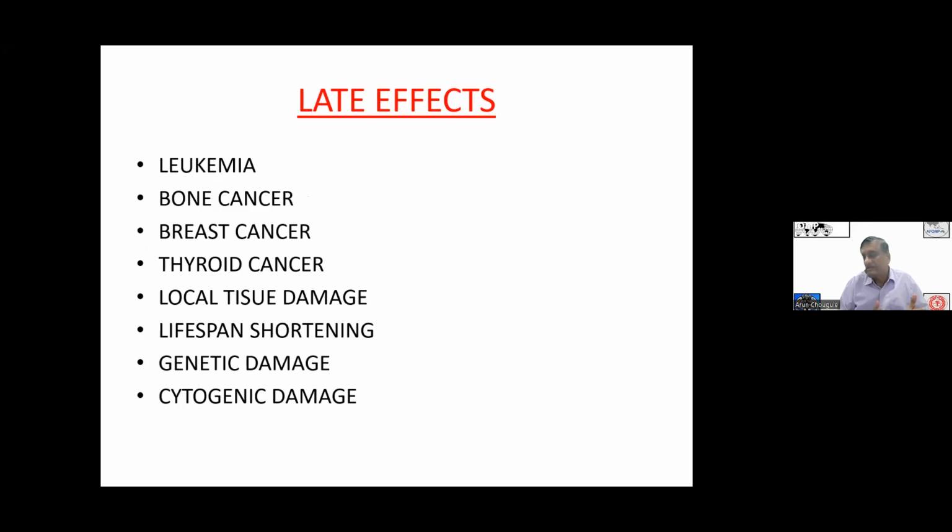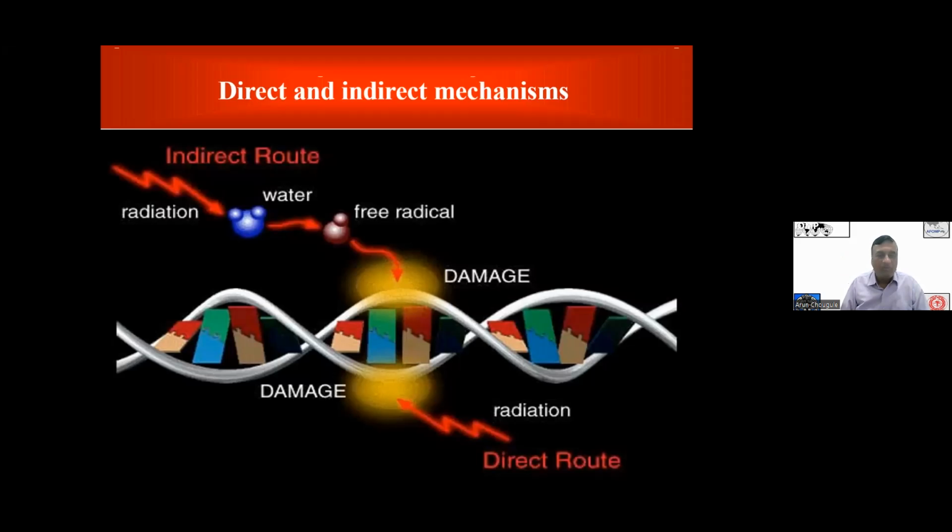These are the late effects, and therefore in radiotherapy we see which early effects are manageable and what late complications will take place. Depending upon that, we decide the number of fractions, the period between fractions, and the total dose we give, so that early effects are manageable and late complications are as minimal as possible.